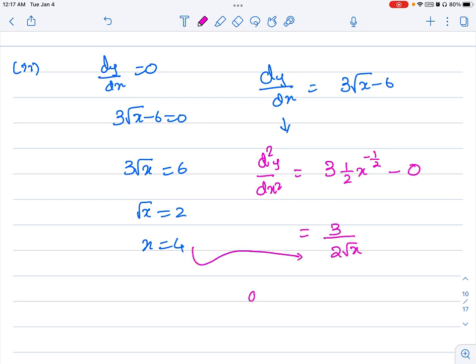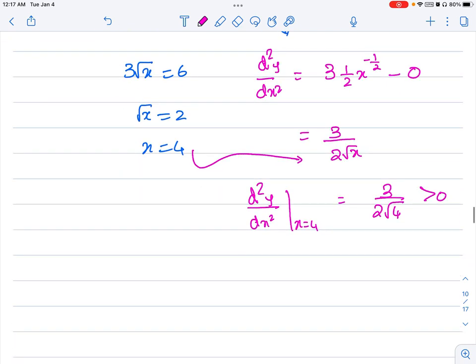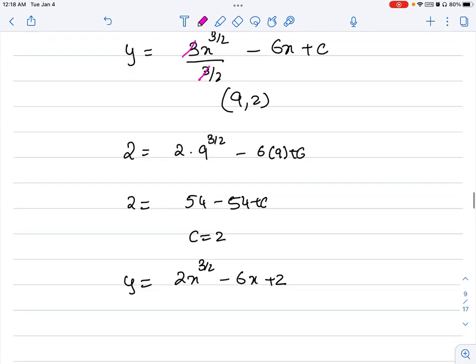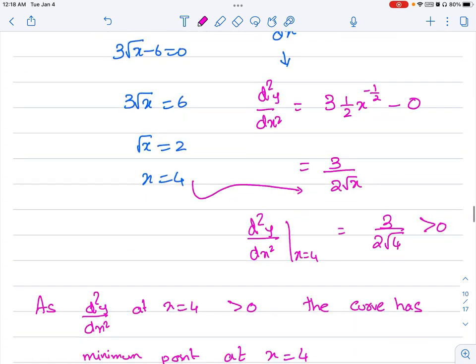Now plug in this point, d square y by dx square at x is equal to 4, which gives me 3 upon 2 times square root of 4, which is a positive value. So as d square y by dx square at x is equal to 4 is greater than 0, the curve has a minimum point at x is equal to 4. That completes the answer for the 6th question.